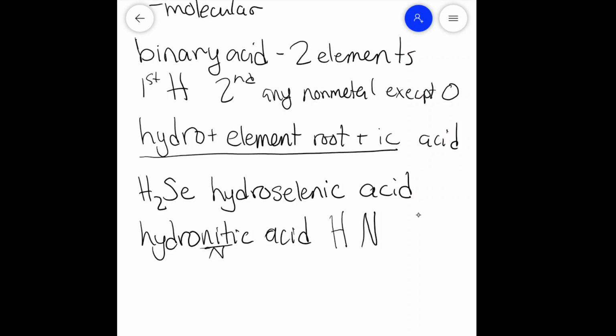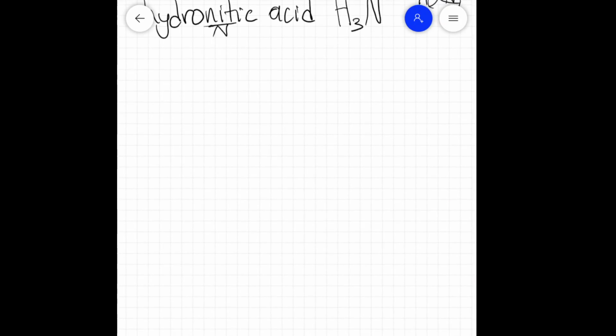Nitrogen is 3 minus, it's a nonmetal. And so those don't cancel out. So on acids, you do have to be careful of the charges. So you need to switch. So that gives you H3N. So that's binary acids. Those are the only ones where you're going to be using hydro. So that's the key to keep in mind.